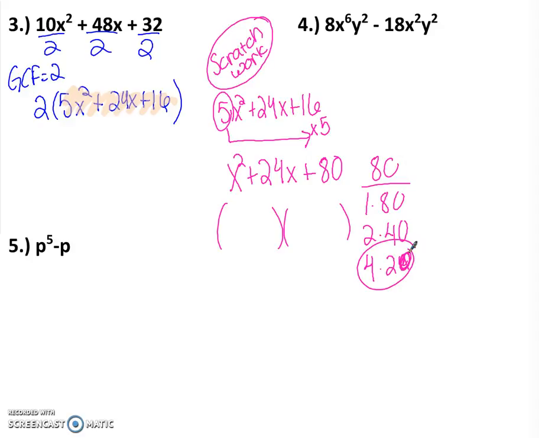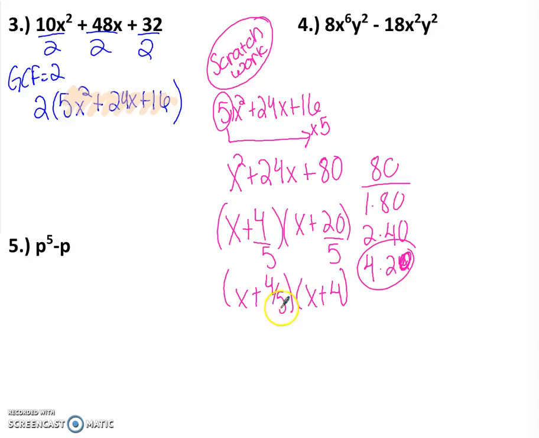I got excited. So it's positive, so it's x plus 4 and x plus 20. With the name slide and divide, since I multiplied by 5, I have to divide by 5. I can't simplify 4/5, so I have x plus 4/5 times x plus 4. But remember, last but not least, kick up the 5, and you get 5x plus 4 times x plus 4.